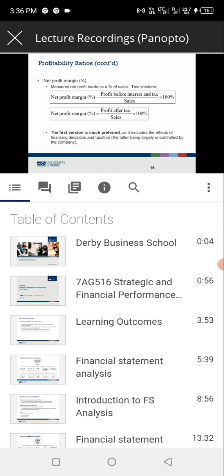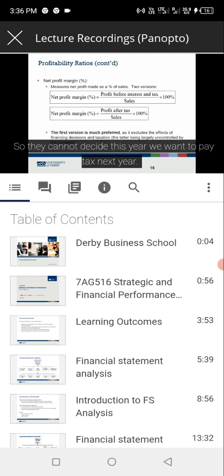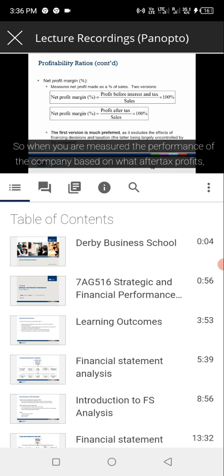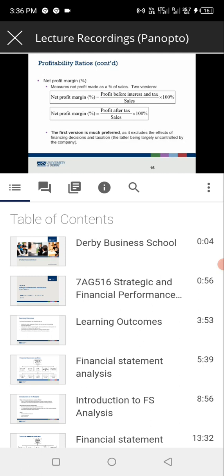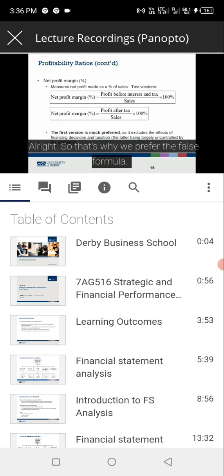Is that okay? So they cannot decide this year we want to pay tax, next year we are not paying tax. It's the government that determines what? And not the company. So when you are measuring the performance of the company based on after tax profits, then you are including factors which they have no control over. All right? So that's why we prefer the first formula. All right?